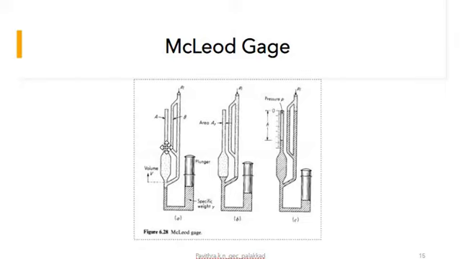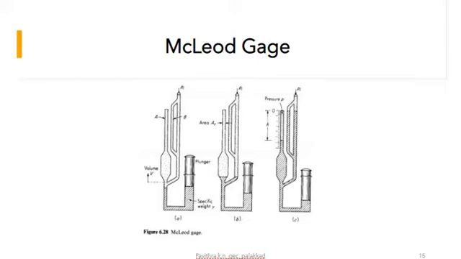At first, what is the construction of this McLeod gauge? From figure A, you can see there is a plunger and there is a cylindrical portion or a tube here, and here you can see A and B. These A and B are capillary tubes, and V, the volume, you can see is a bulb type portion.